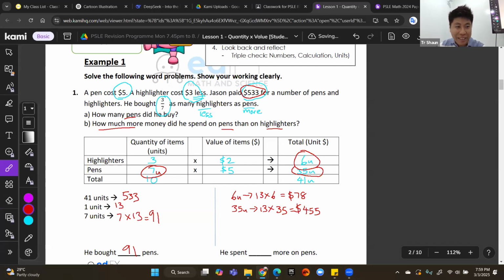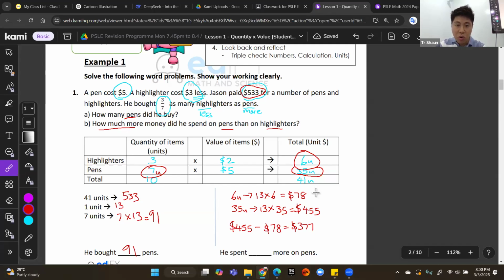I'm sorry, today you won't earn any class 1, 2, 3 points, but I know Kagan is still very competitive, so raise your hand and tell me if I make a careless mistake. So 455, and I want to find how much more money. How much more money is 455 minus 78. That will give me 377.